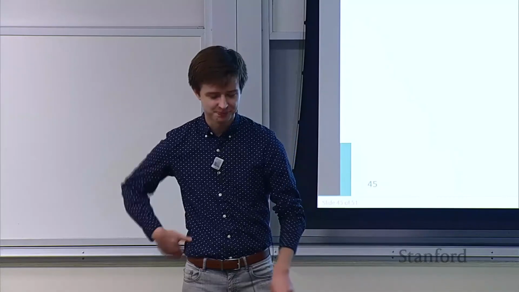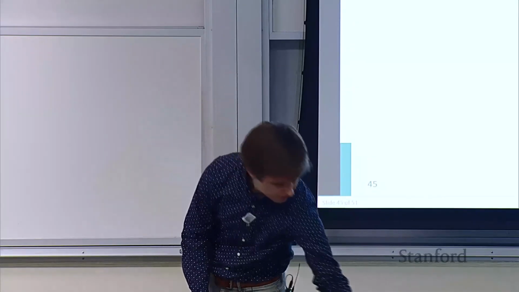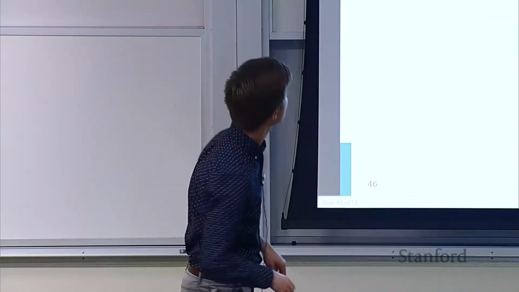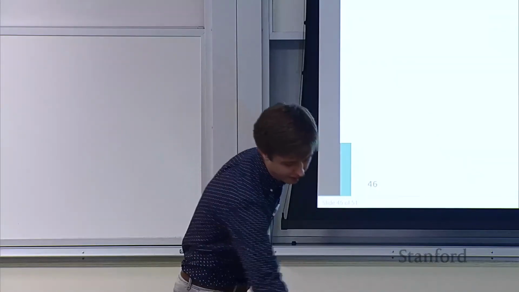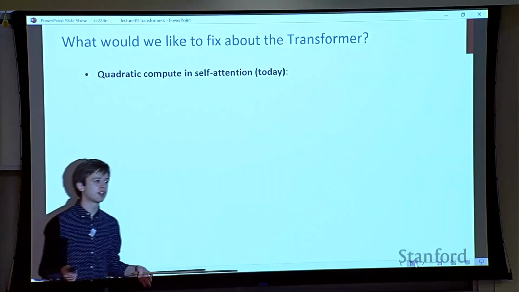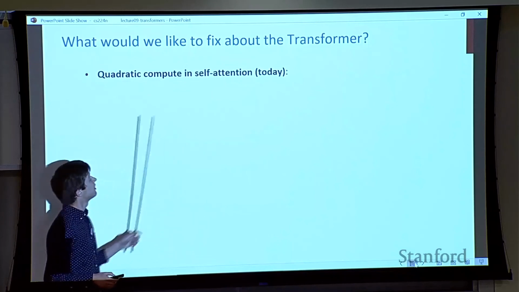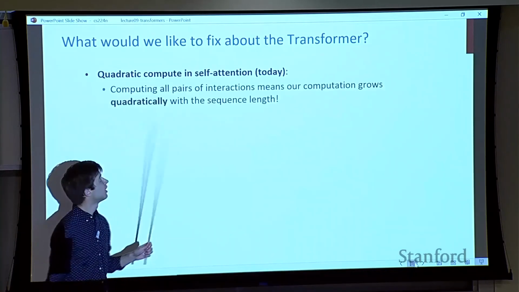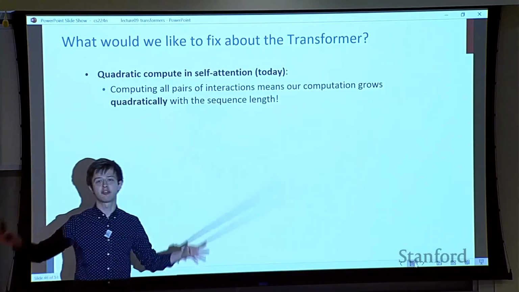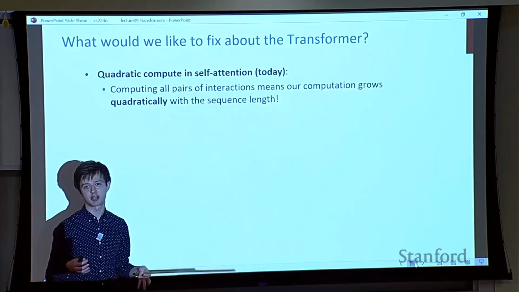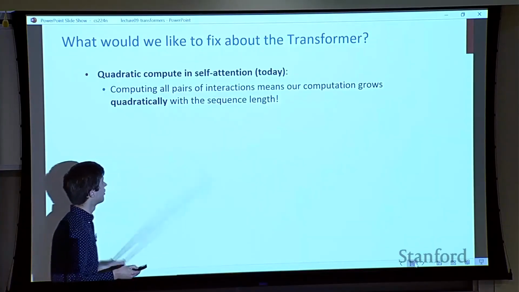Anything else before we go on? All right, so what would we like to fix? The thing that shows up most frequently as a pain point in transformers is the quadratic compute in the self-attention itself. We're having all pairs of interactions. We had that T by T matrix that was computed by taking dot products between all pairs of word vectors.